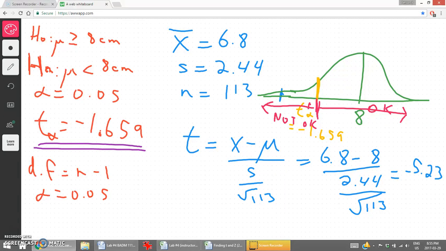So because of our calculations, because of our sample data, we're left with stating that our decision would be to reject the null hypotheses, and that's what we should state. We are rejecting it because negative 5.23, this value here, is more extreme than the critical value. The basic decision rule is to reject the null hypotheses if your test statistic is greater than your critical value.